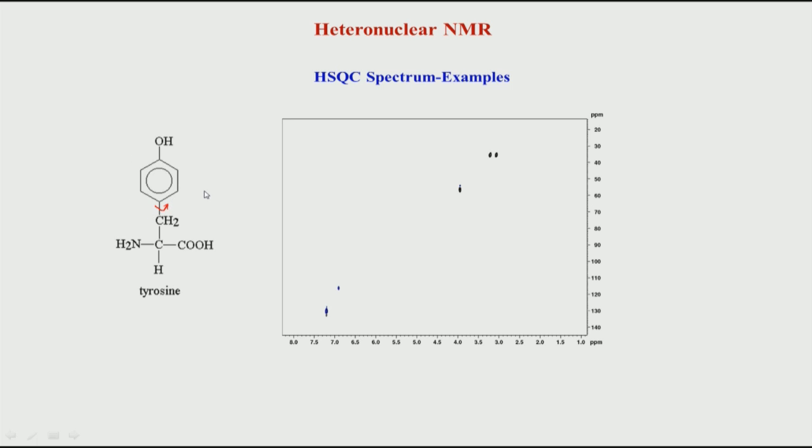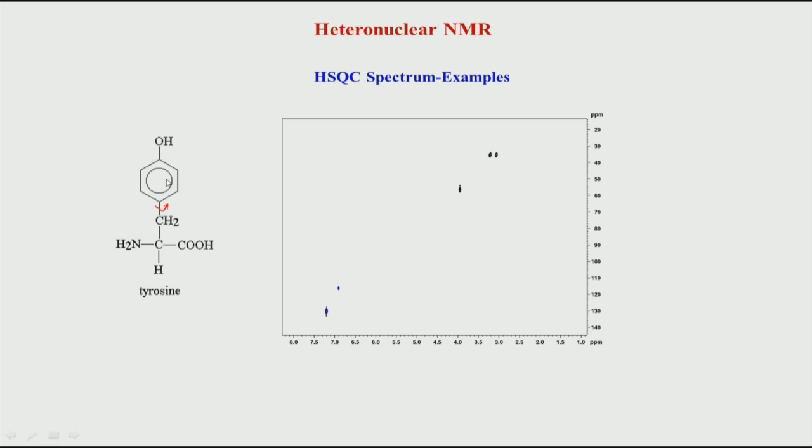It is called ring flipping. The ring flipping occurs so fast that these two hydrogens are more or less averaged out like in a CH3 system, and they have equivalent chemical shifts.